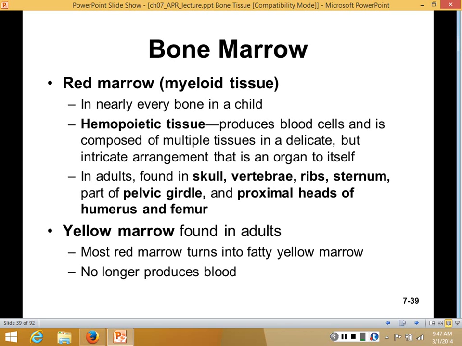Diaphysis, or the marrow cavity. It no longer produces blood. However, the yellow marrow can convert back to red marrow in extreme cases. Like, for example, if you're anemic, your textbook mentions that, how yellow can revert back to what? The red marrow.